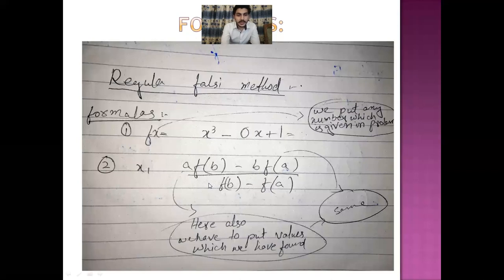First of all, we understand that this is a and this is the function of b. For remembering this formula: a function of b minus b function of a, divided by function of b minus function of a.